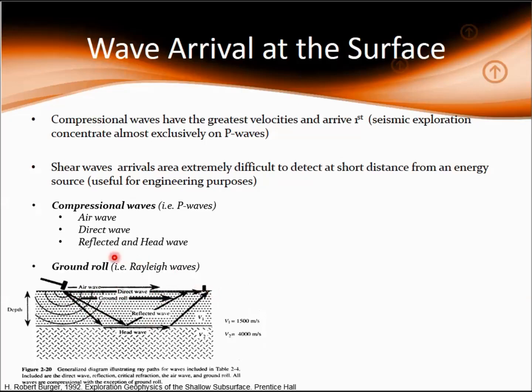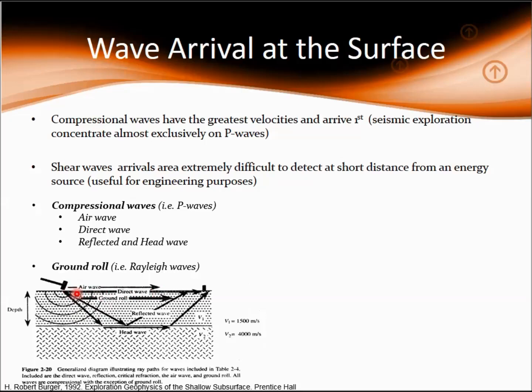The only surface wave that will be recorded in the seismic section is the ground roll, where the Love wave is really hard to determine, but ground roll is the one that will appear obviously. So air wave is a wave that will travel in the air.